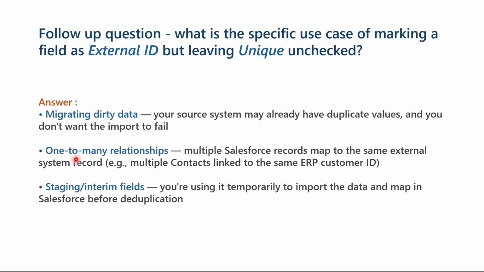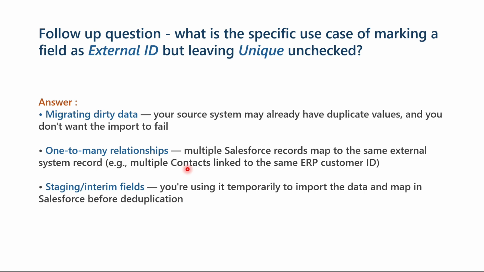Then the second is one-to-many relationships. People think about only one-to-one relationships, so that's why they think that only one record should exist for one ID. But there is a use case of one-to-many relationship where this is allowed. What do I mean by one-to-many relationship? Multiple Salesforce records can exist for the same external system record.